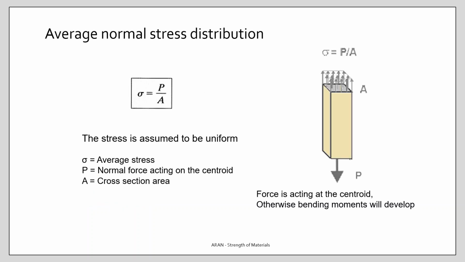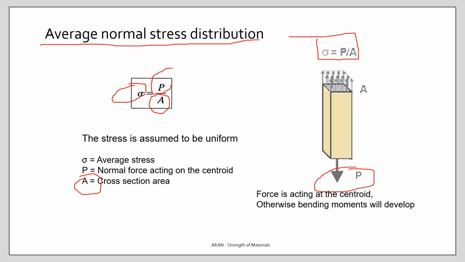First, let's use what we have learned. We can start with the average normal stresses. Well, when you have a normal force, P, acting on an area A, if you take P divided by A, you find sigma, which is your normal stress.